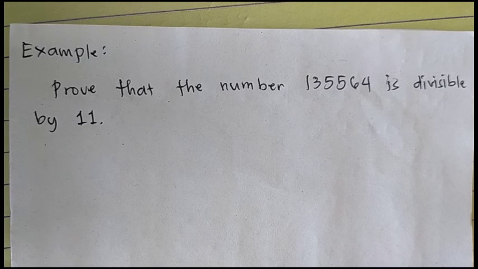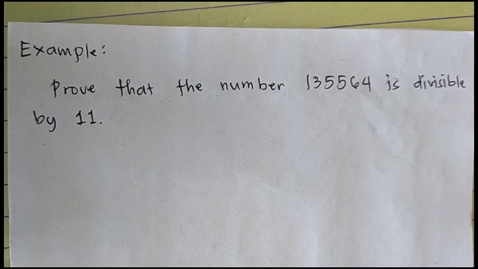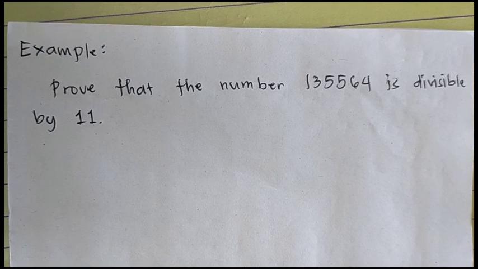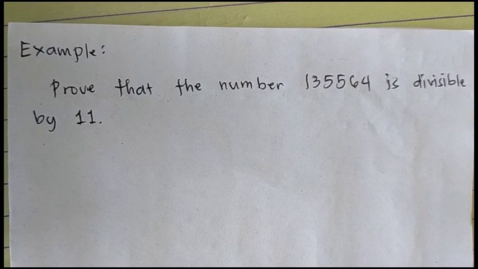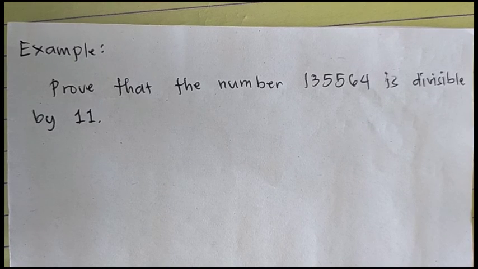So to solve this one, the divisibility rule by 11 states that we will get the absolute difference between the sum of digits in its even positions and the sum of digits in its odd positions. If it is 0 or 11, we can say that it is divisible by 11.